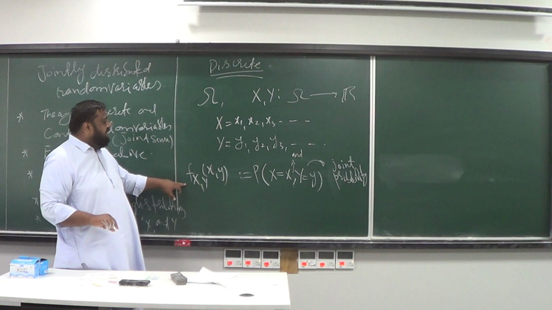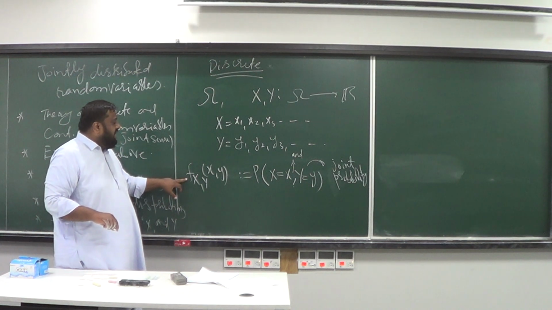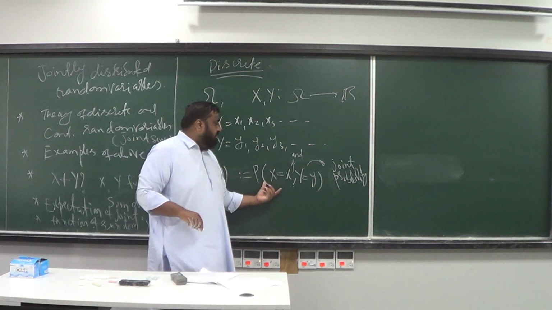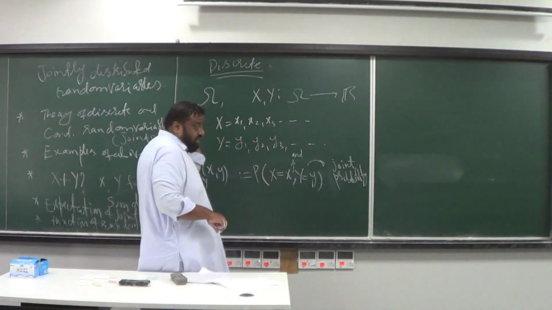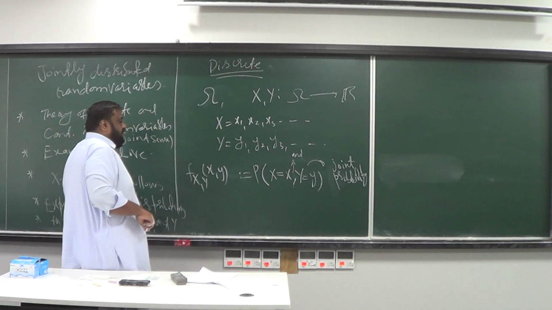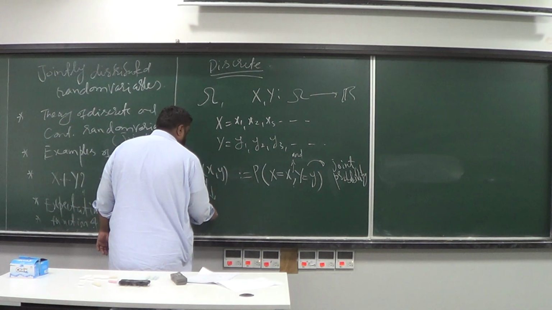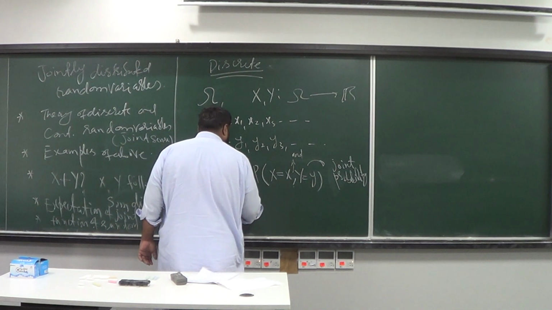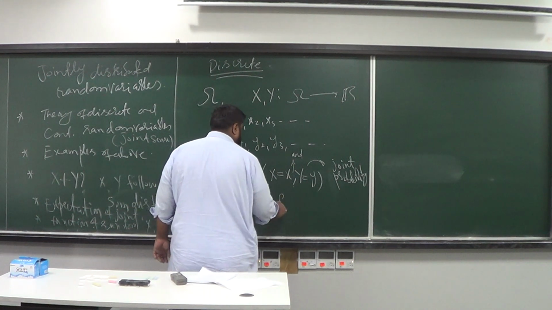Whenever I say the function f_XY, the joint probability mass function evaluated at small x, small y, it means the probability that X takes the value x and Y takes the value y. You call that probability the joint probability mass function.